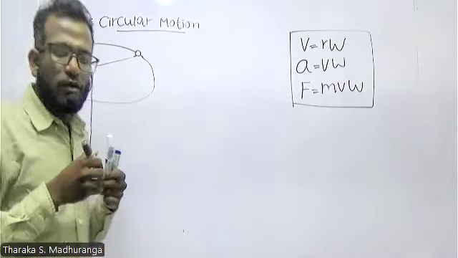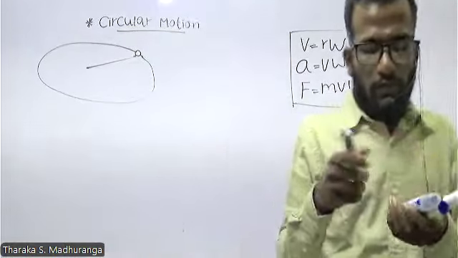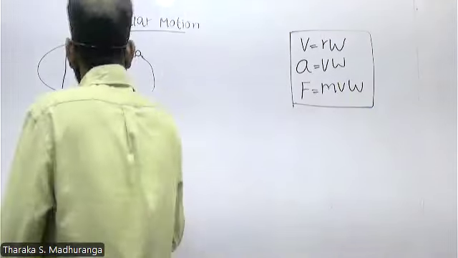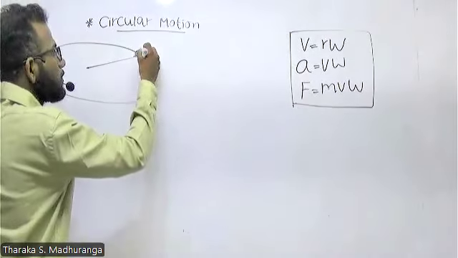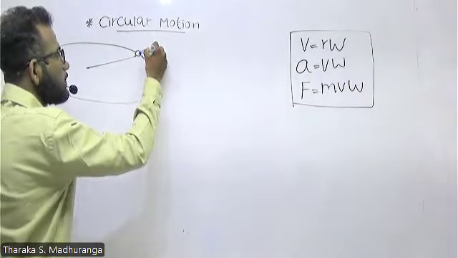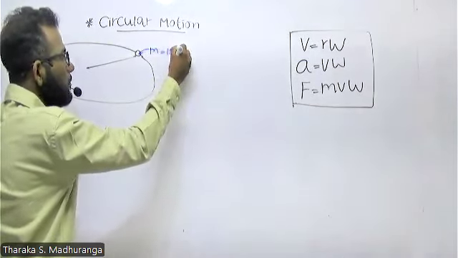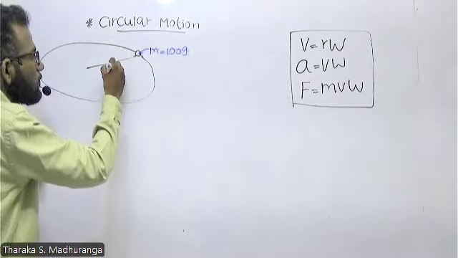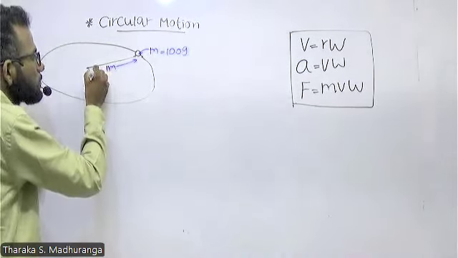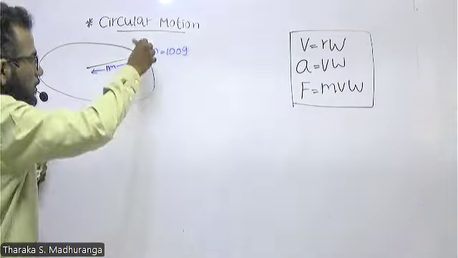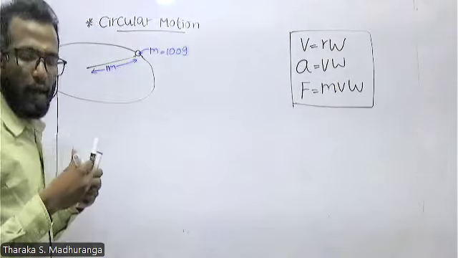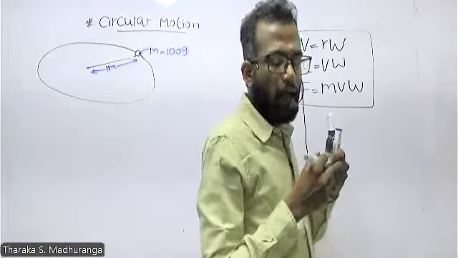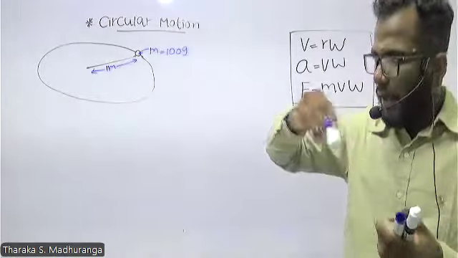Okay, first of all, draw a picture, draw a figure. The object mass is given, 100 gram. The string length is given, 1 meter. Then it rotates in a horizontal plane like this.